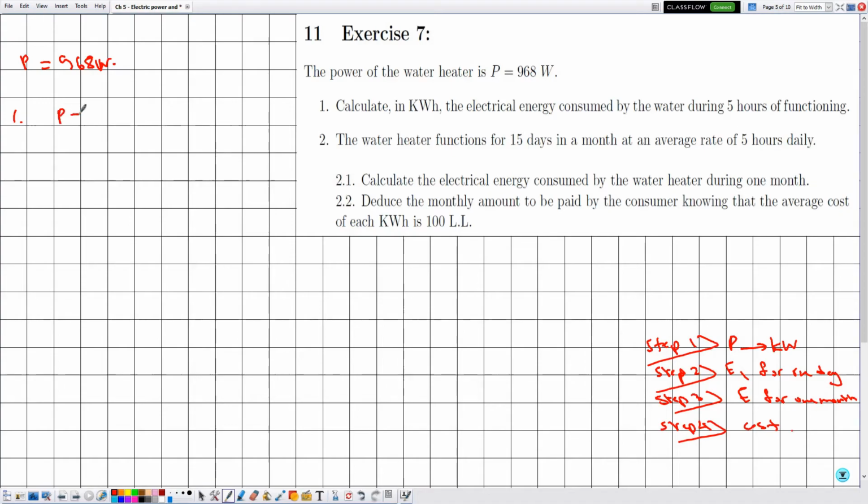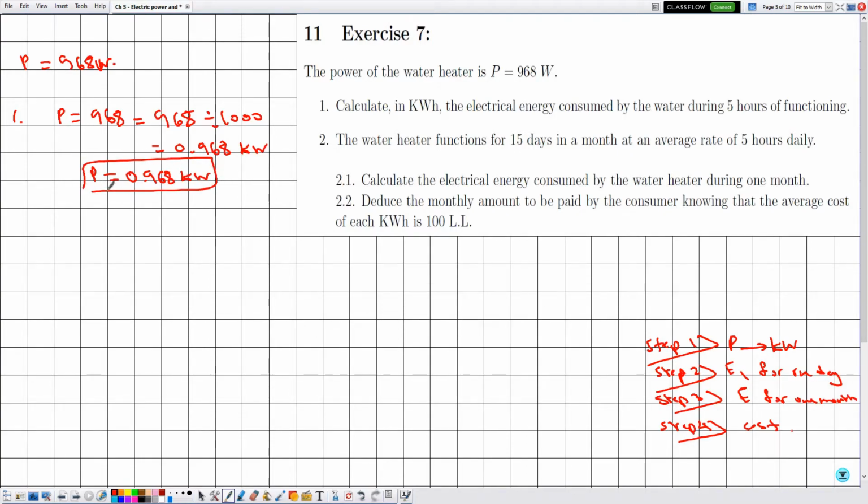Now P is equal to 968, then in order to convert this into kilowatts, simply we divide it by 1000, so this is equal to 0.968 kilowatts. So the power is given by 0.968 kilowatts.